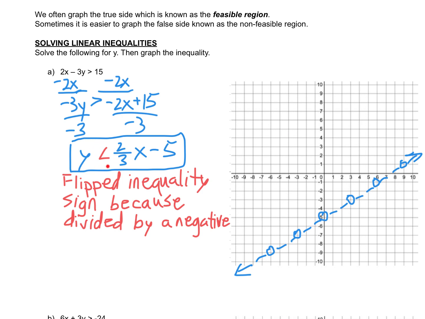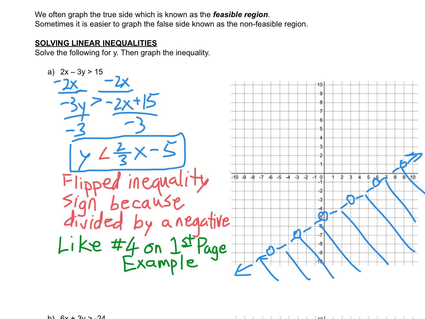And because it's strictly less than, it's going to be a dashed line. And because it's y less than this, is that going to be above the line or below the line? That will be below the line. This is like number 4 on our first page example.